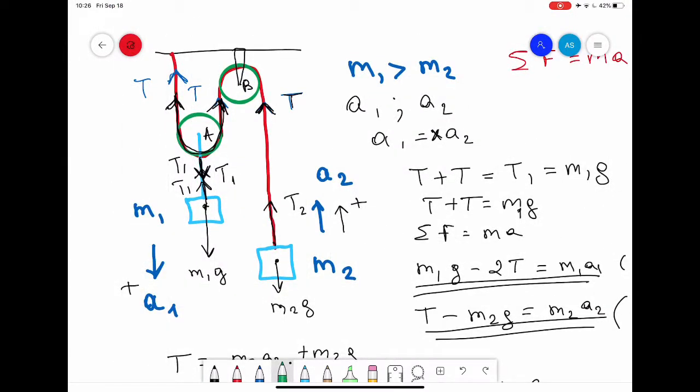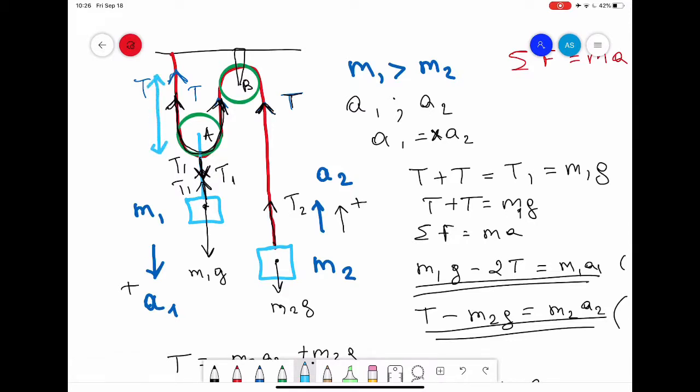We have here this length, okay? Let me just write it down. So we have this length for the A pulley, right? Okay, sorry guys. Let me write it down here.